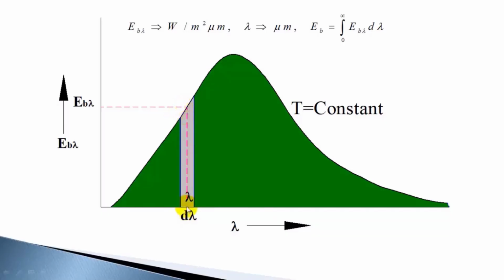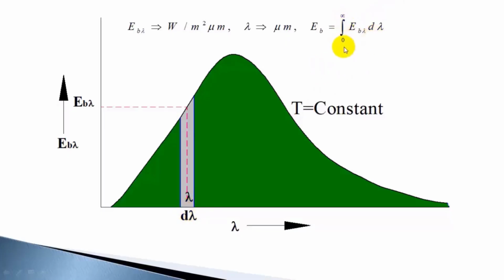So E_bλ into d lambda will give the area of the strip, which gives the energy emitted per unit time per unit area from that surface for the differential wavelength.